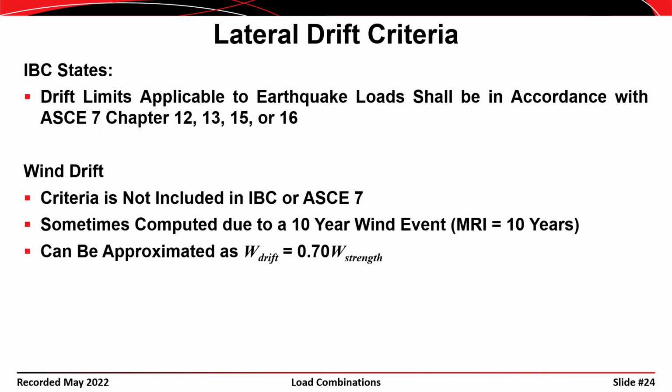Sometimes we compute the drift due to a 10-year wind event instead of a 50-year wind event like we would for strength design. And oftentimes you would estimate the 10-year wind event to be 70% of the 50-year wind event. So that's often used as a loading for establishing drift criteria due to wind.